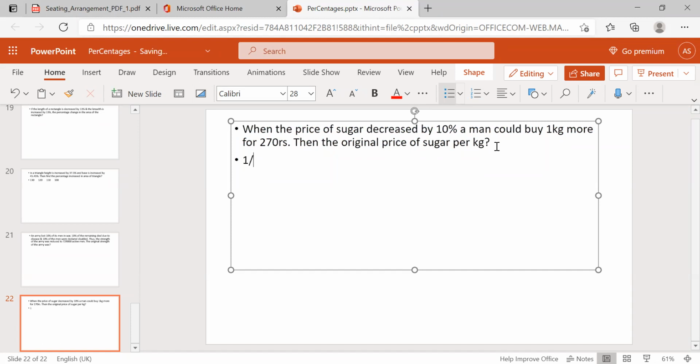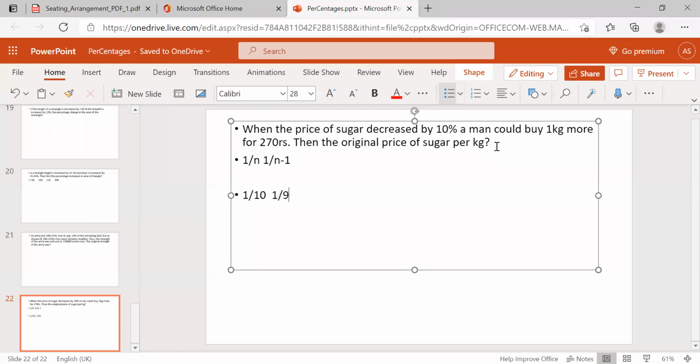If 1 by n is decreased, then it will be 1 by n minus 1 increases. Here 1 by 10 is nothing but 1 by 9 increases.